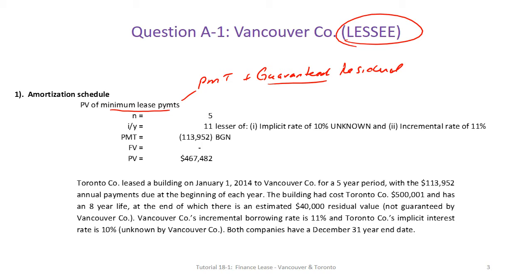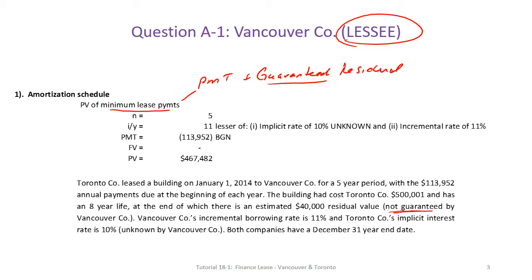It's very important to look at a problem to determine whether or not that residual is guaranteed. If it's not guaranteed, the lessee omits it. Whether or not it's guaranteed does not matter to the lessor. The lessor will always use a residual, guaranteed or not, in the calculation of the payment, and we'll look at that later on.